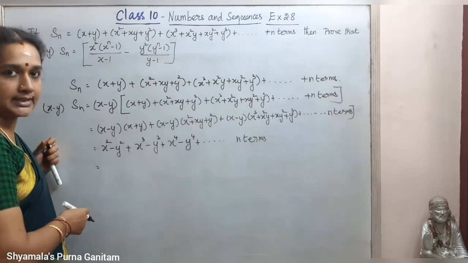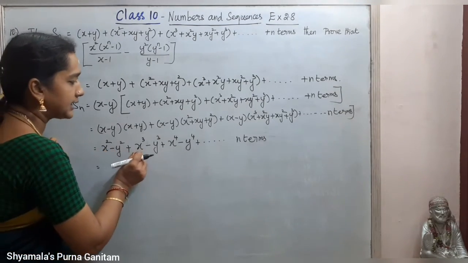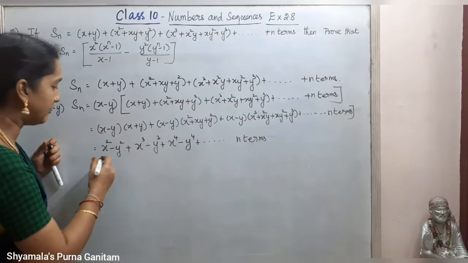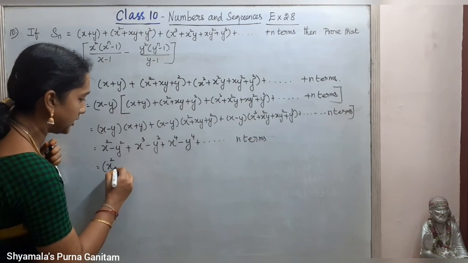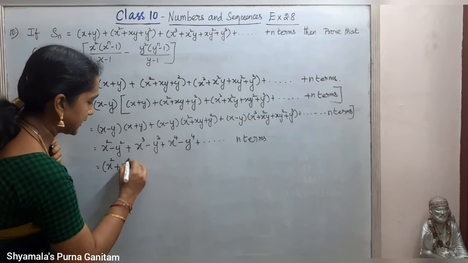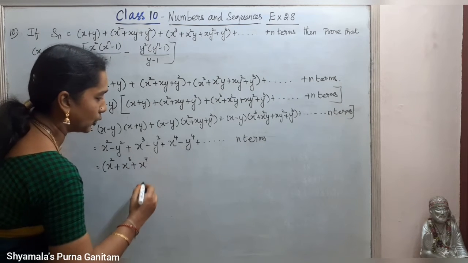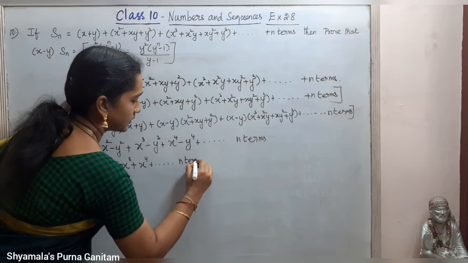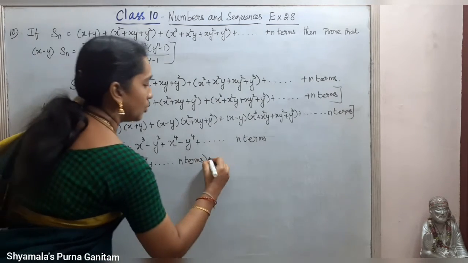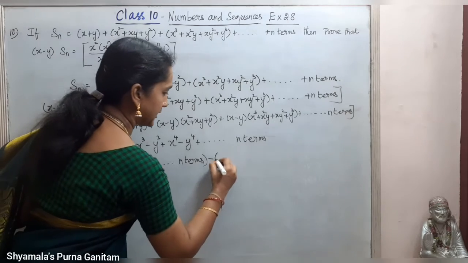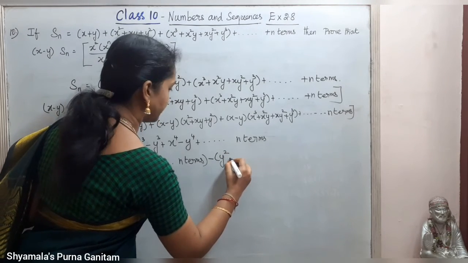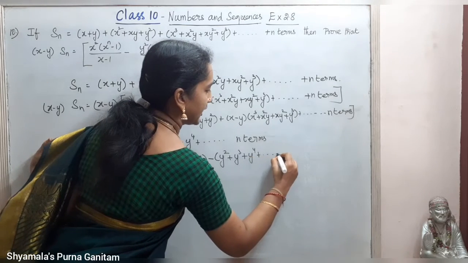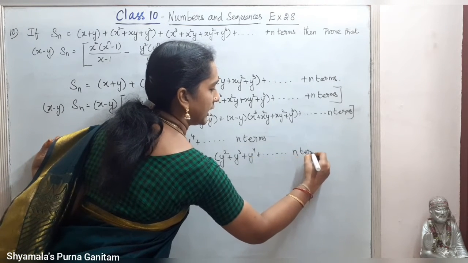So the next step, we will take the x terms and y terms separately. So x squared plus x cube plus x power 4 up to n terms we will get. Same way for y, minus y squared plus y cube plus y power 4, like that up to n terms.